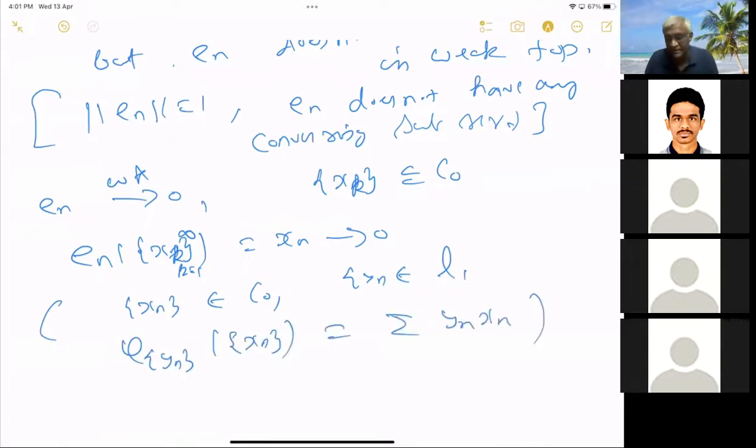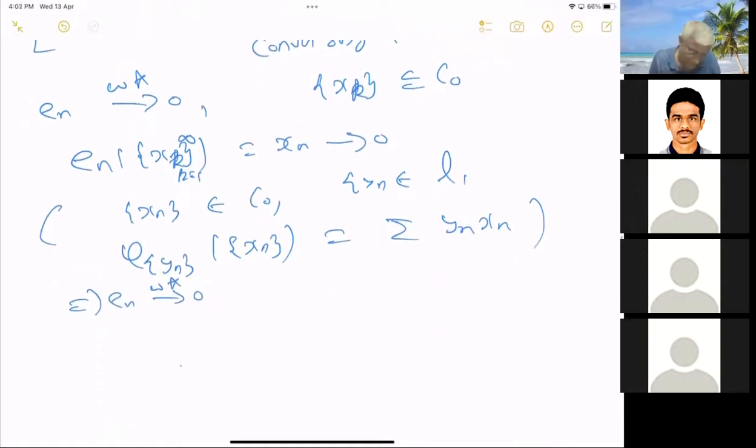So if you take this coordinate function En, which is in L1, and it acts on some sequence in C0 converging to 0, then En acting on Xk is just Xn. But Xn is a sequence converging to 0 by its very definition, so it goes to 0. So En goes to 0 in weak star topology. This is precisely the definition of weak star convergence.